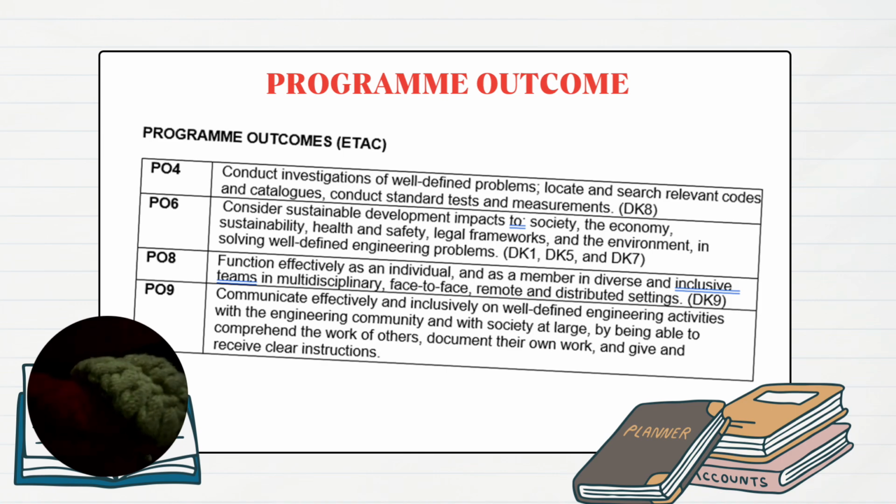PO8, function effectively as an individual and as a member in diverse and inclusive teams in multidisciplinary, face-to-face, remote and distributed settings. PO9, communicate effectively and inclusively on well-defined engineering activities with the engineering community and with society at large by being able to comprehend the work of others, document their own work, and give and receive clear instructions.